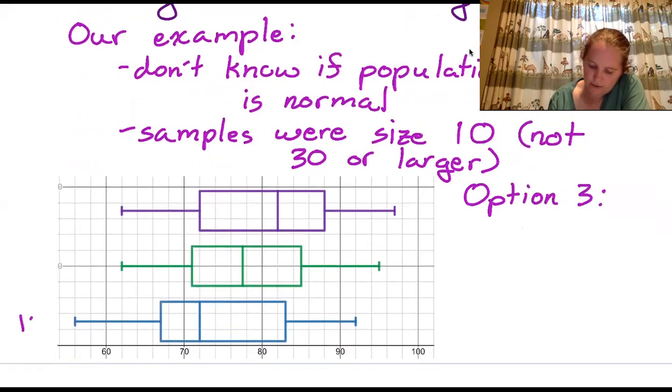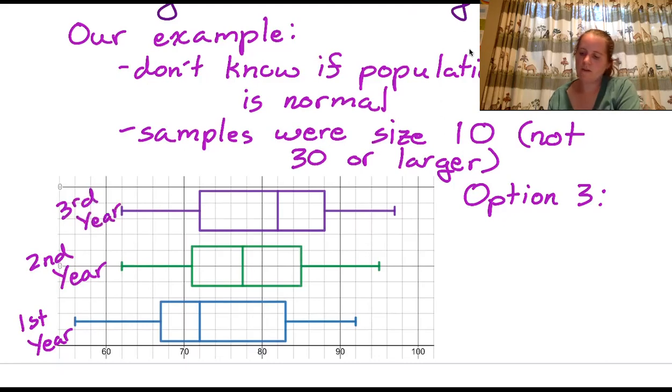So this was our first year, second year, and third year. If we compare these, none of them are severely skewed. So the tails are not, none of the tails are extremely long compared to the other tails.